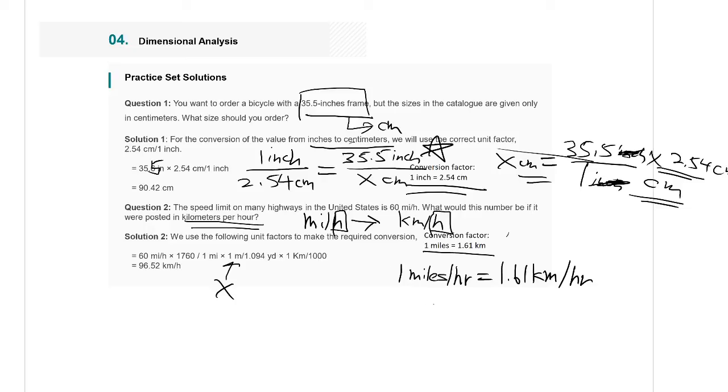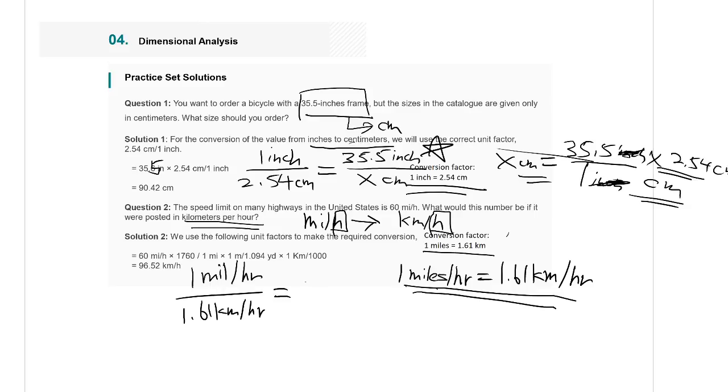This will be the conversion factor that we are interested in. So we are going to set up the ratio first: 1 mile per hour corresponds to 1.61 kilometers per hour.